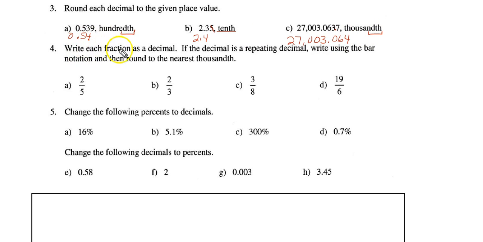Now write each fraction as a decimal. If the decimal is a repeating decimal, write using the repeating bar notation, and then round to the nearest thousandths. That would be 3 decimal places.